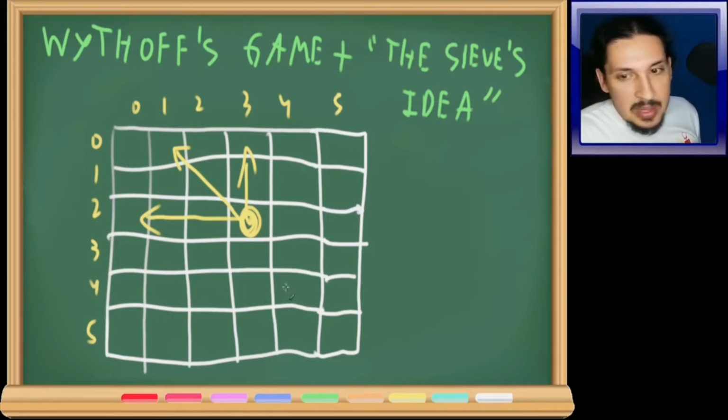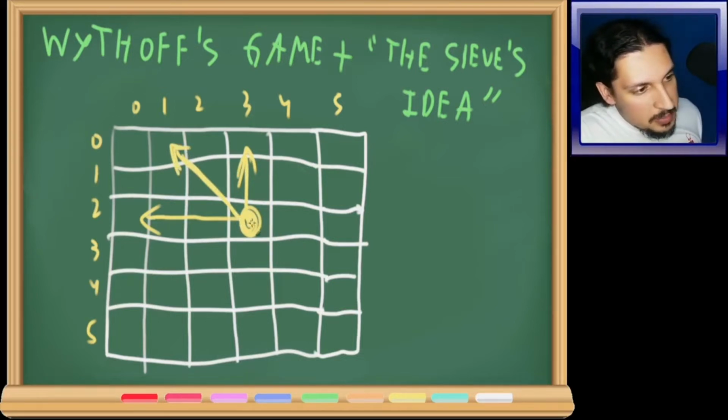Wythoff's game is a very simple game where you basically have a queen in chess on an n times n board, let's say, and your queen can move up, left, or diagonally up and left, but never in the other directions, like to the right. No, that's forbidden.